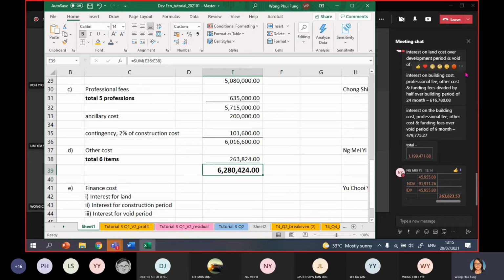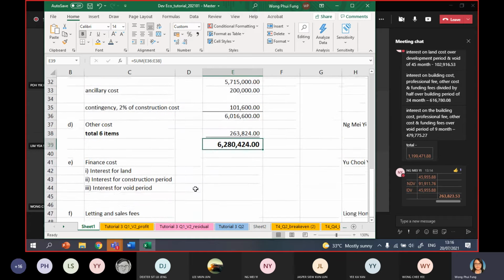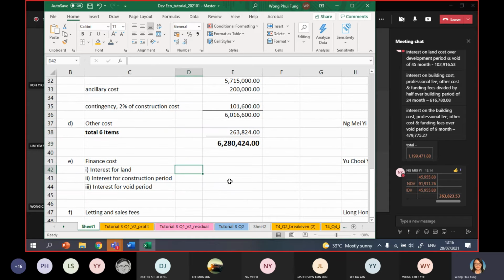So for Chui Yi's answer, actually all are correct. Okay, very good, Chui Yi. Good job. So in case, wait, let me write down first. If in case you do not know how to calculate, I will show again. This one is a bit tricky. Many students will actually get stuck here.